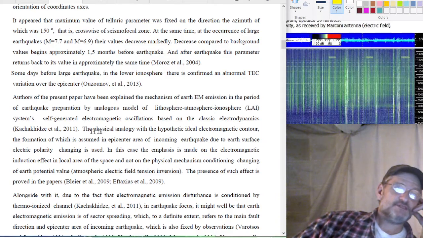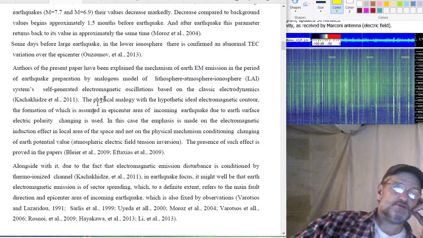The physical analogy with the hypothetic ideal electromagnetic contour, the formation of which is assumed in epicenter area of incoming earthquake due to Earth surface electric polarity.